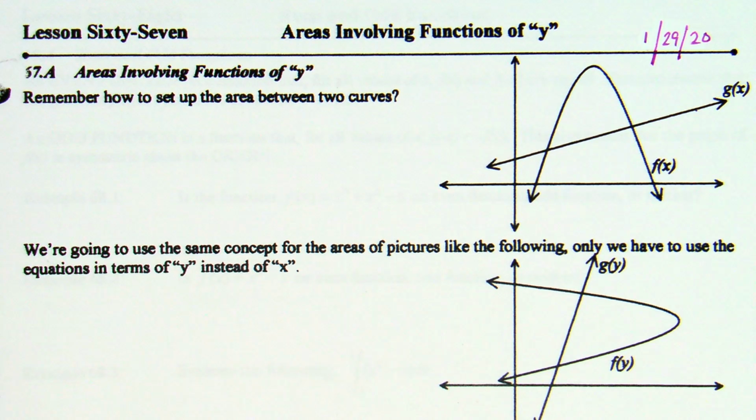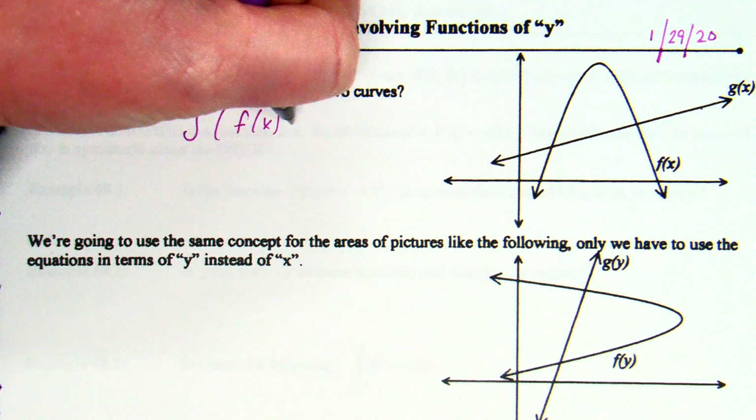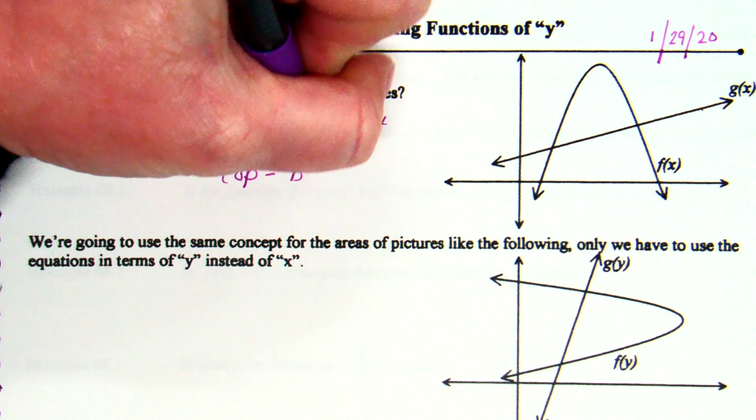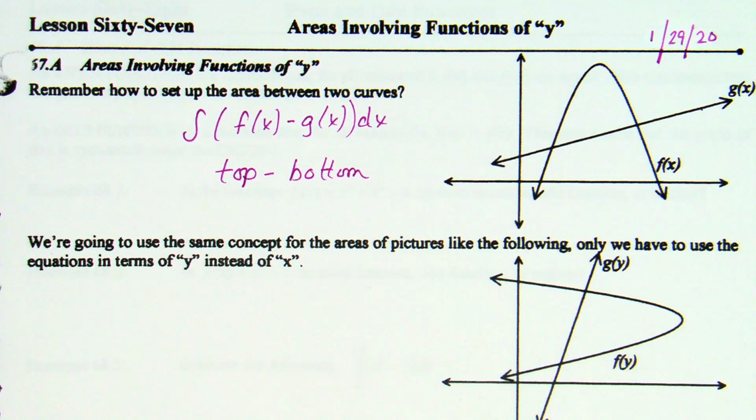So it's the integral of f of x minus g of x dx. Or, again, I still like the idea of top minus bottom, upper minus lower, however you want to think about it.